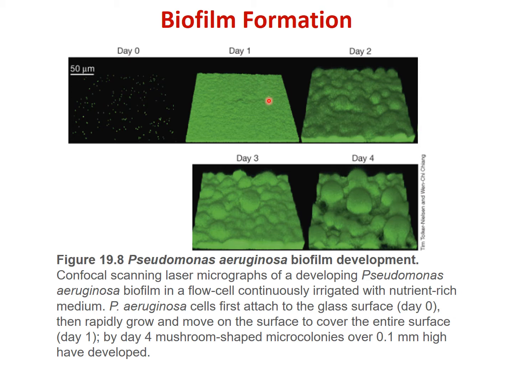Eventually they will cover that surface. Then you start to see these bumps growing, and they will continue to grow until you get these really large mushroom-shaped colonies. So you can actually observe this with the right kind of microscope.